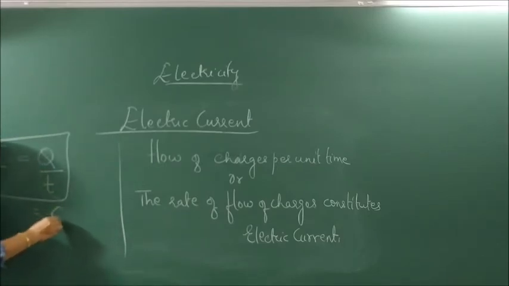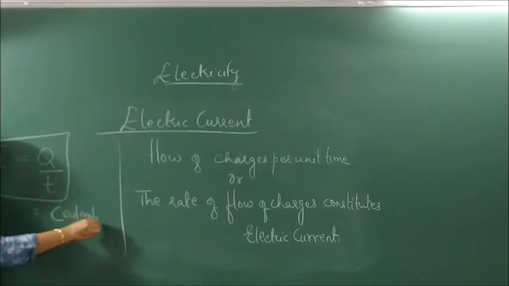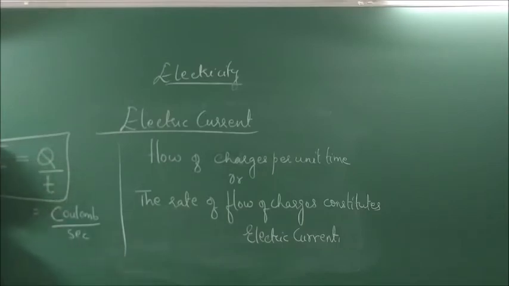Charge is measured in coulombs. Time is measured in second. So, current is measured in ampere. The SI unit of current is ampere, which is coulombs per second. So, how do we write it? A is equal to C by S. Fine. What is 1 ampere of current?